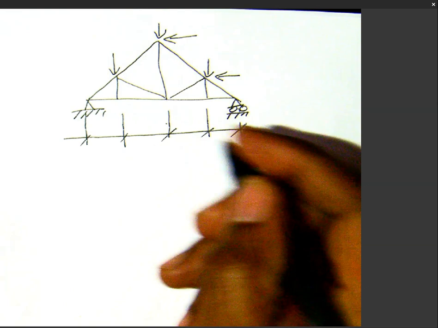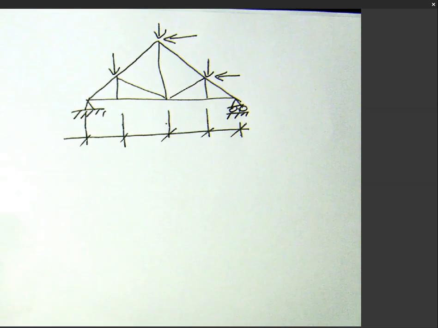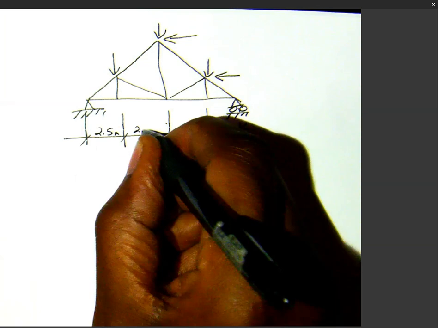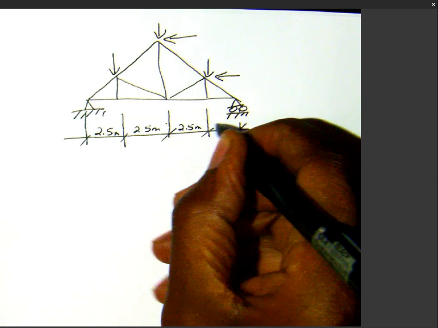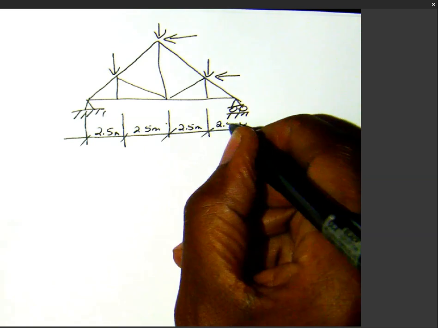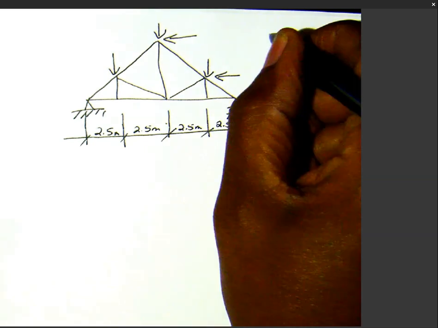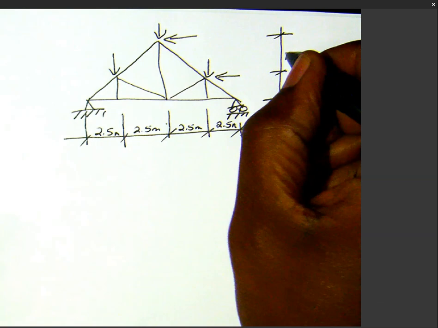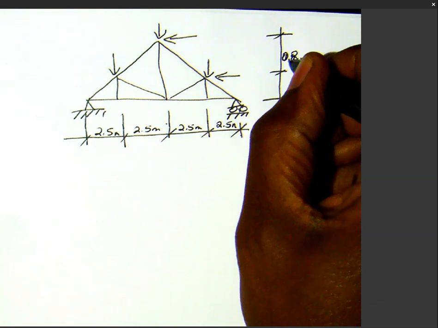You don't want to deal with an indeterminate structure. It's 2,5 meters, 2,5 meters, 2,5 meters. The height, 1,2 meters. Let me say 0,8 and 0,8 meters.